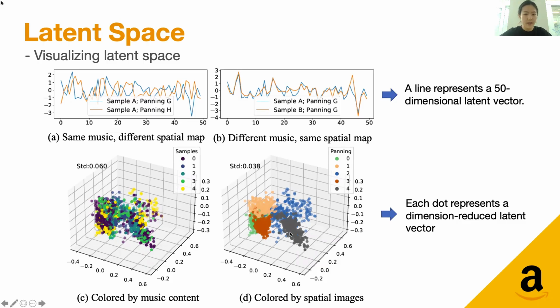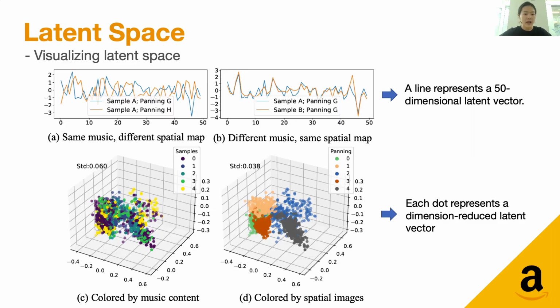But in figure D, the same scatter image is now colored by the spatial information, and you can surely notice that the space is now very well structured based on the spatial information. This is another powerful piece of evidence implying that the latent space has correctly captured the spatial information as we expected.